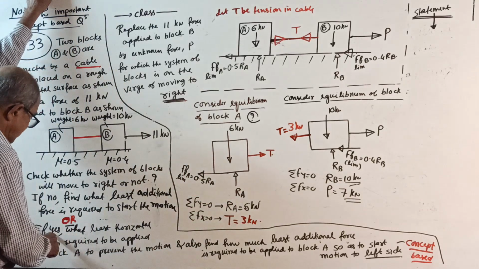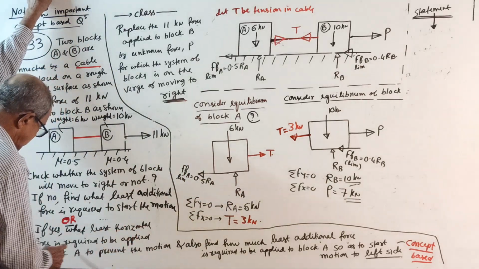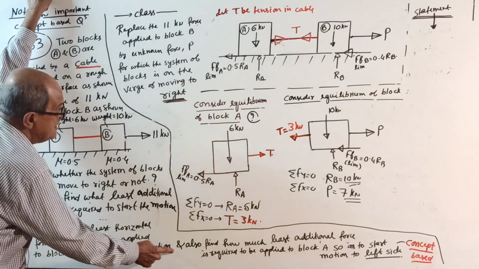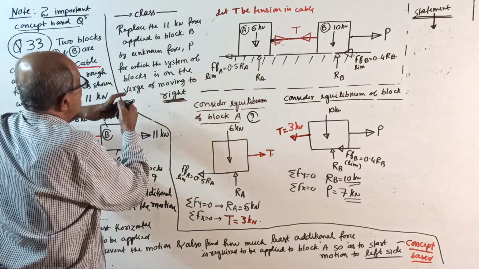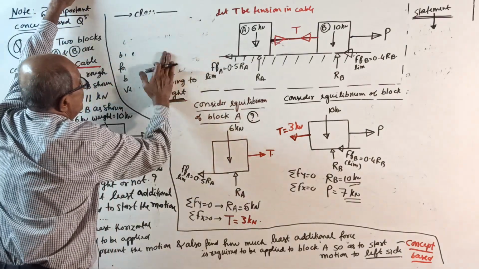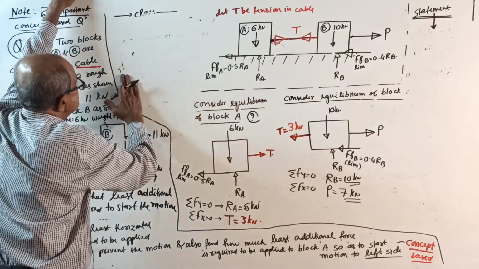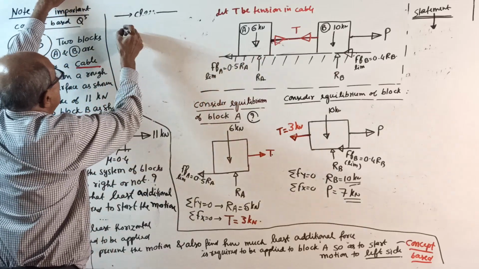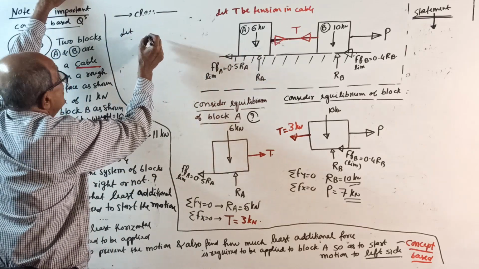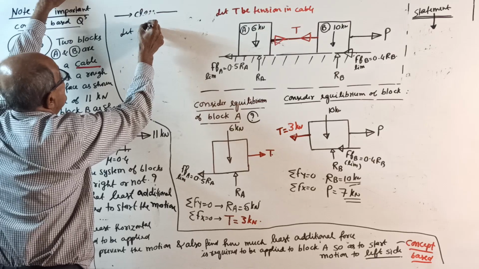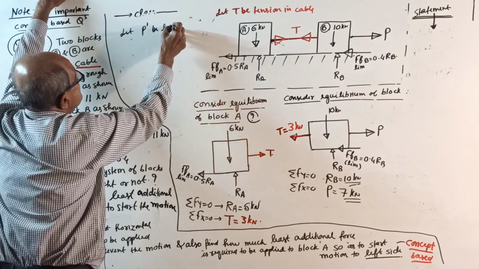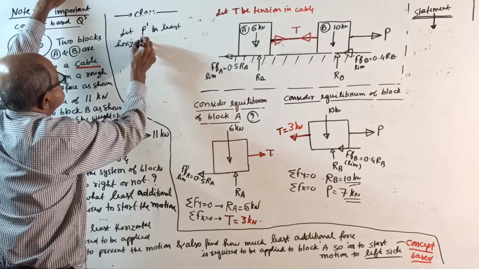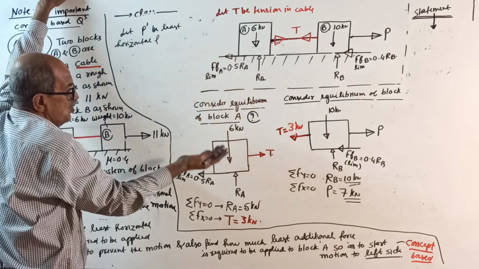So, if yes, what least horizontal force is required to be applied to block A to prevent the motion? Right here, now, this is all gone. Right here, statement. P is already there, so I won't call it P. Let P dash be the least horizontal force. Actually, I know the answer.